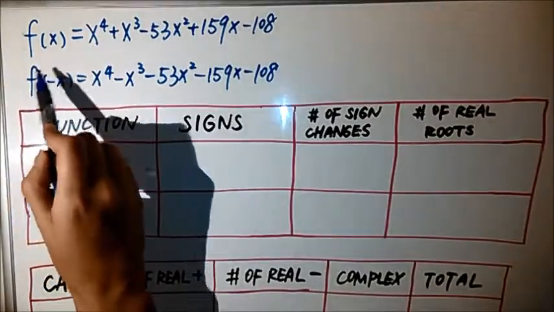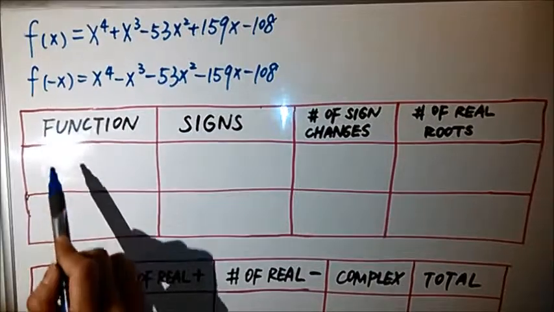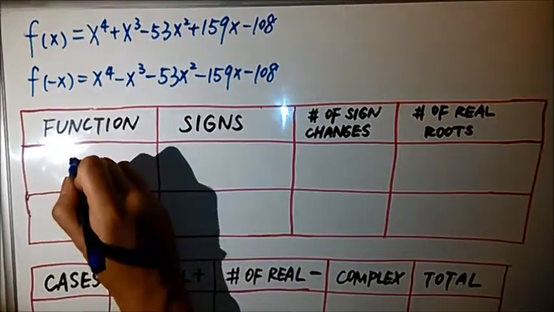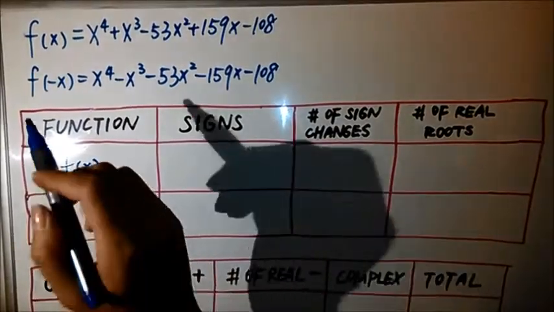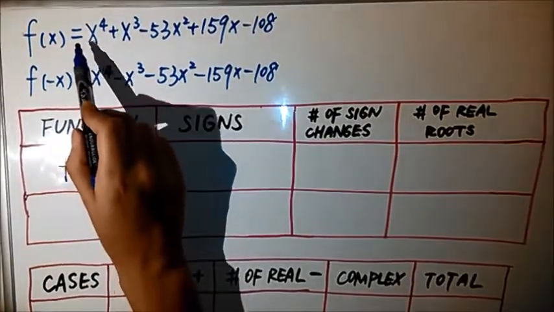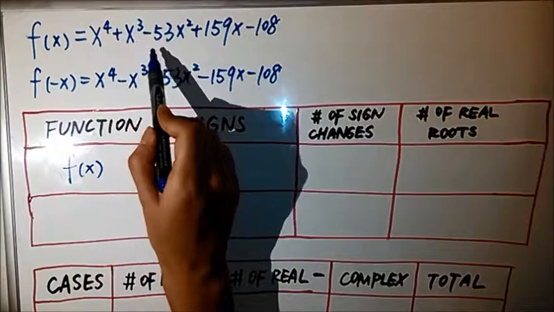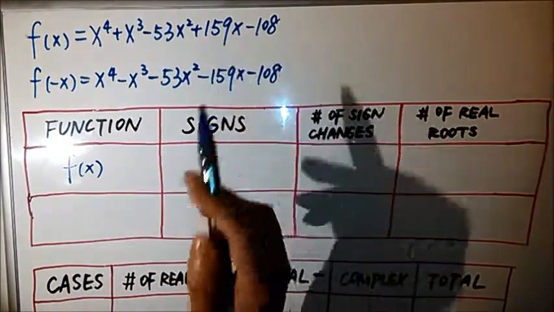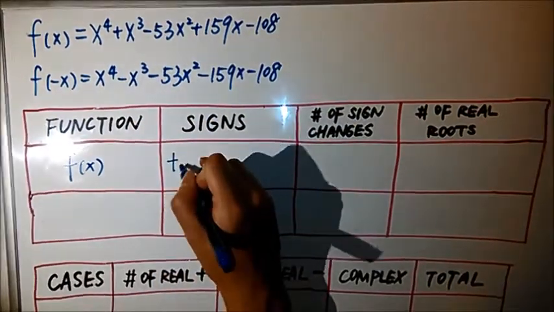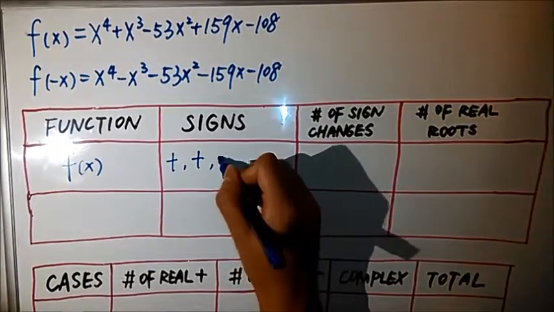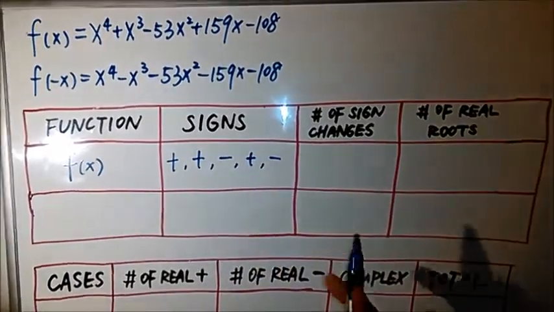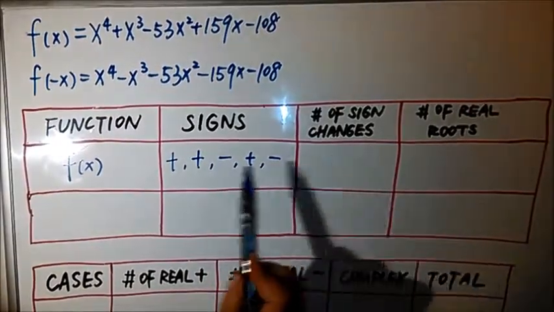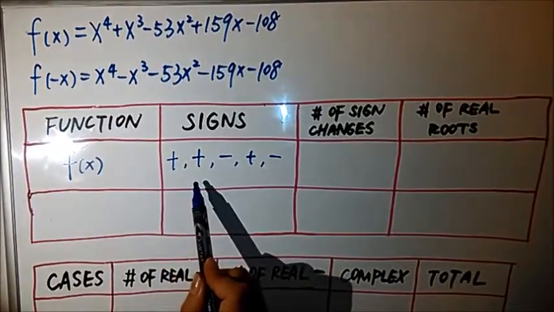F of x. For the number of sign changes of f of x, the signs we have are positive, positive, negative, positive, negative. So we're going to put that in there. Positive, positive, negative, positive, negative. If we look at the signs, it's positive, positive, the sign doesn't change.